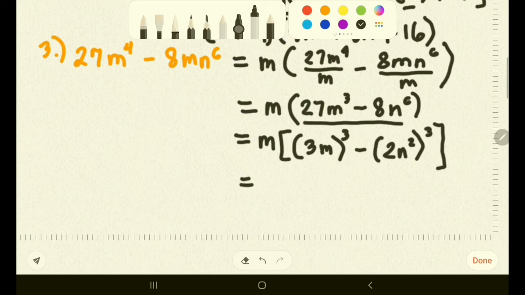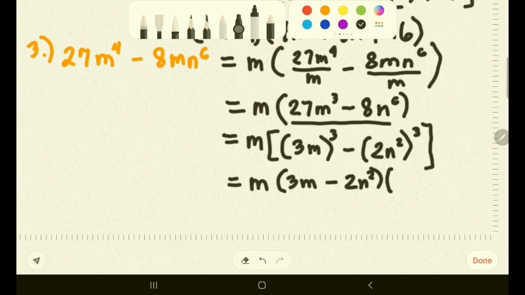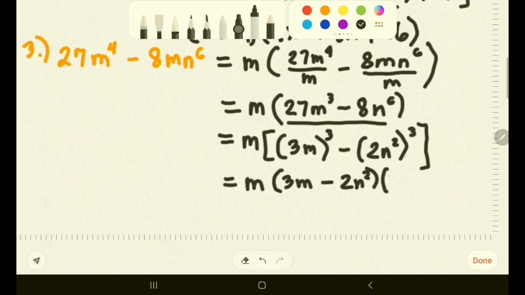Next, copy. You take the binomial factor. So, the 3m minus the base of the second term, that's 2n squared. And then, you take the trinomial factor.